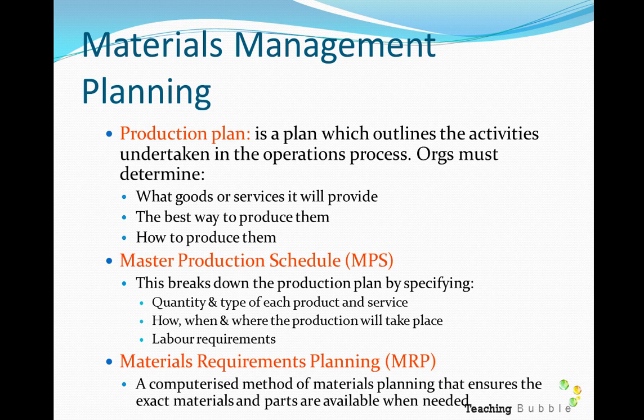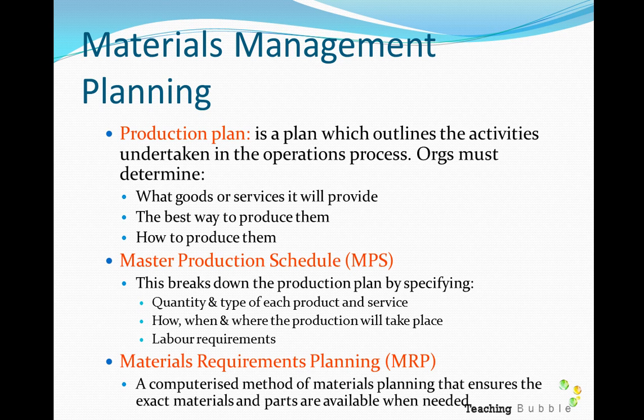That's an overall, broad plan of what they're going to produce. Then we become a little more specific, and they can write up a master production schedule. It's a pretty important document, and it shows what the business plans to produce and how they plan to produce it within a given time period.